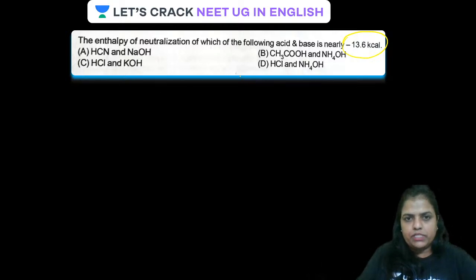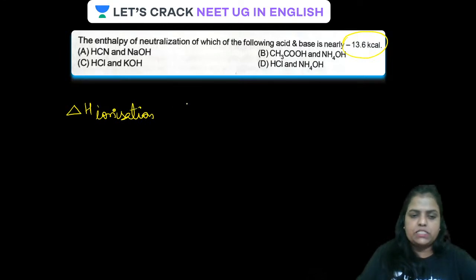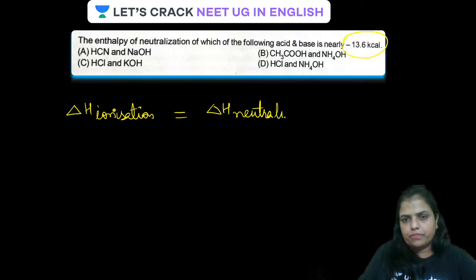Always remember, guys, enthalpy of neutralization is related to ionization or dissociation, with the formula: enthalpy of ionization, which can also be taken as dissociation, is equal to enthalpy of neutralization.